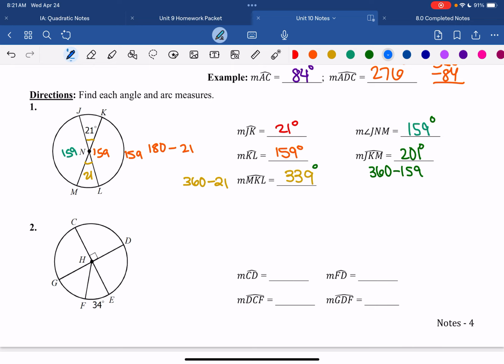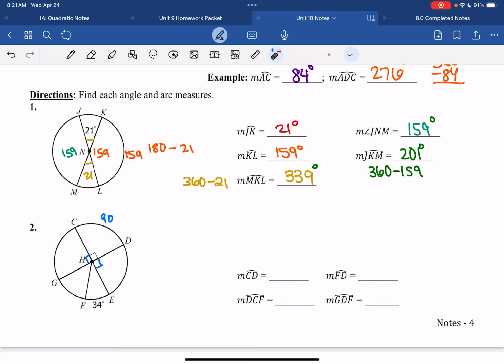So we know a right angle means this is 90. And we know we got 34 degrees in there. If this is 90, and this makes a straight line, and this makes a straight line, that means these are also 90. Now let's do the box.